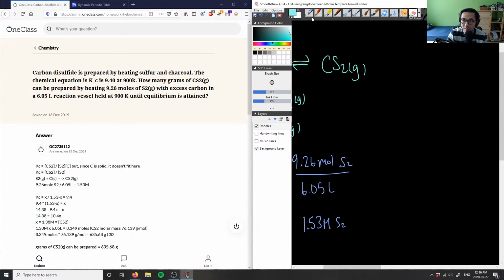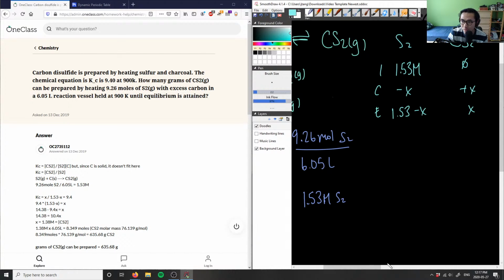I'm going to draw an ICE table real quick. We have S2, which is 1.53, and CS2. I'm not going to include C in our ICE table because it doesn't play a part in our equilibrium expression. We start off with 1.53 molarity for S2 and 0 for CS2. The change is minus X for S2 and plus X for CS2, so we have 1.53 minus X and X.